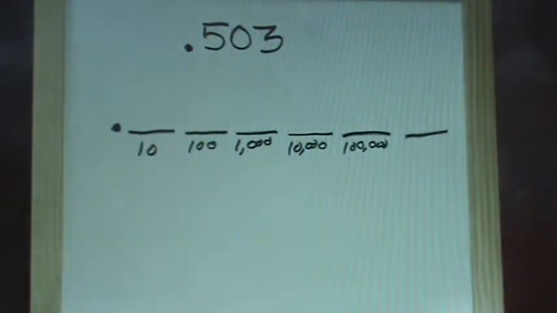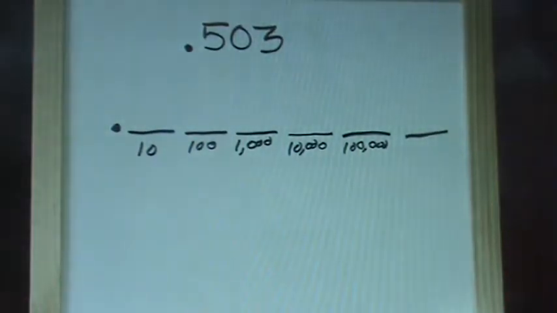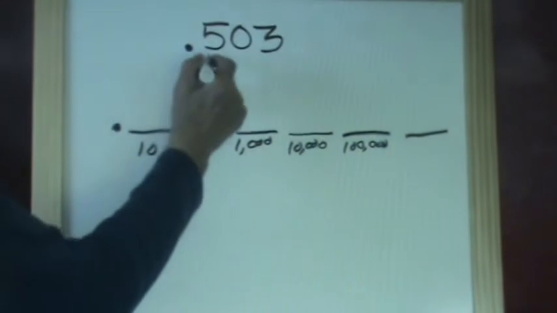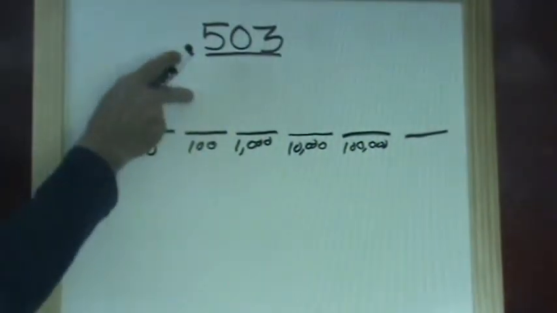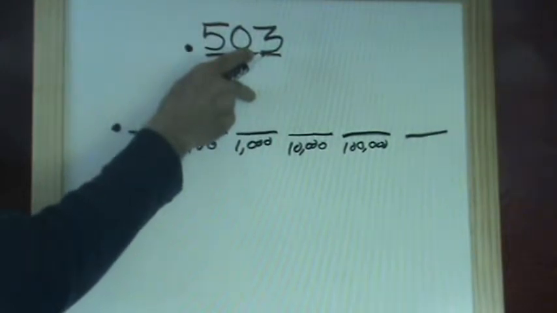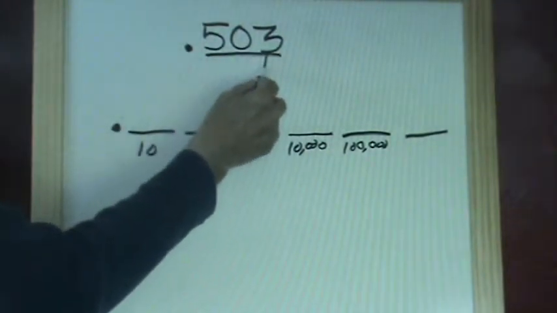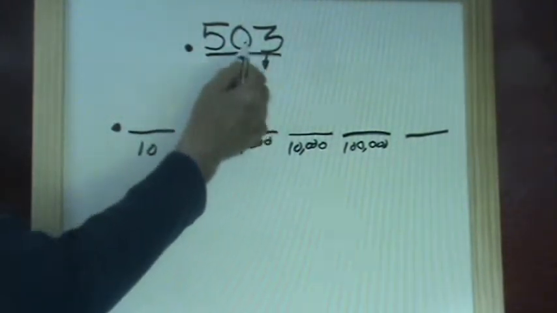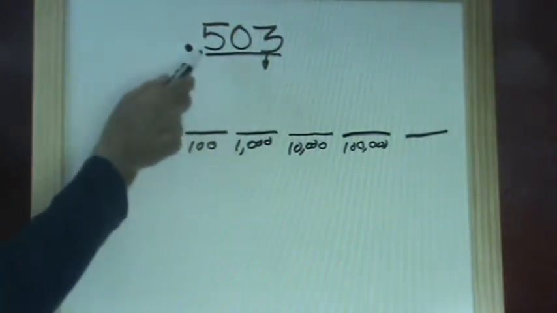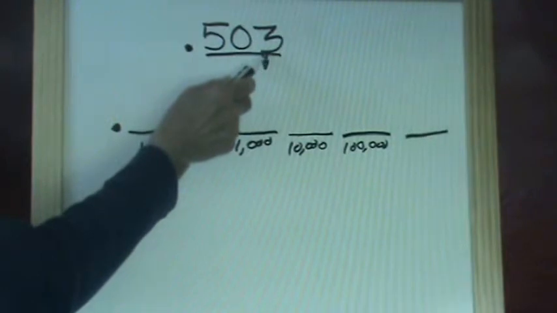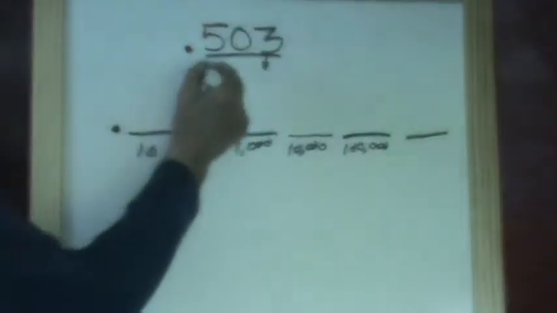When we are reading a decimal, we read the number. This number is 503, and we name it by the place value of the last digit. So this is tenths, hundredths, thousandths, so this would be 503 thousandths.